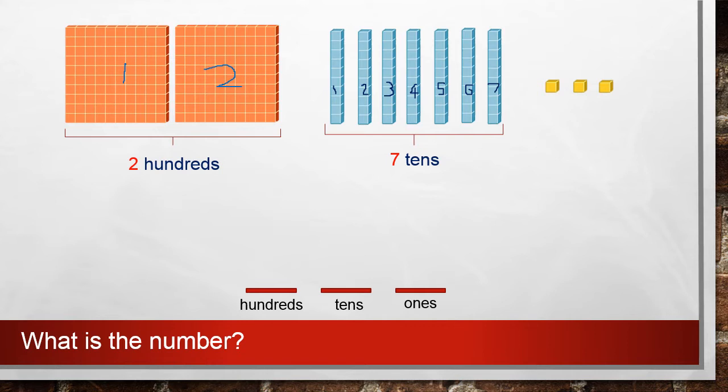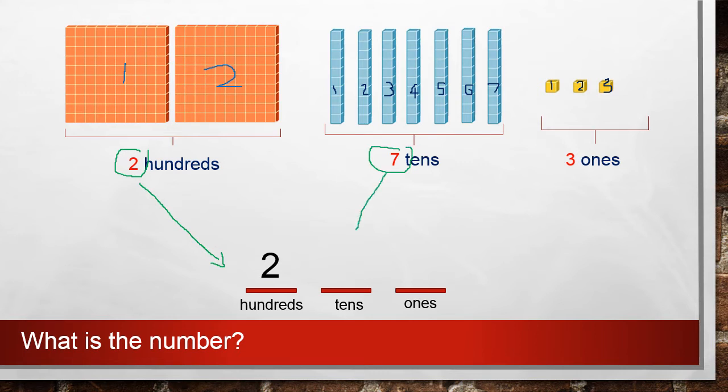And what about the yellow one? Ones block. 1, 2, 3. 3 ones. Well done. So how to write the number, children? We have to write the number according to its own place. 2 hundreds. We have to write at its own place, that is the hundred place. 7 tens.